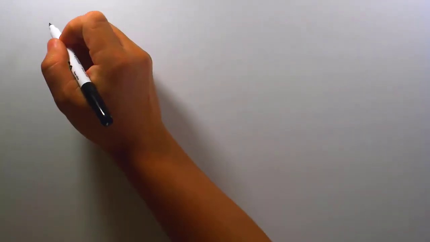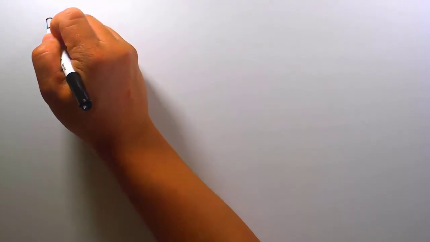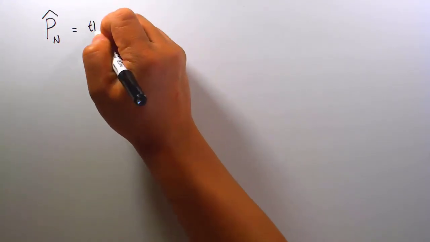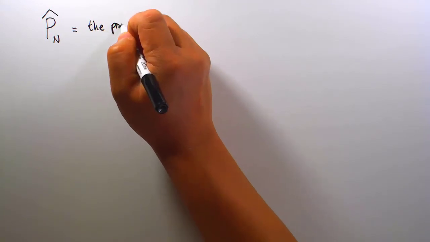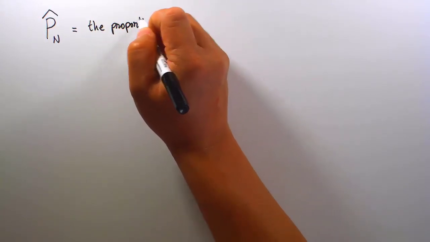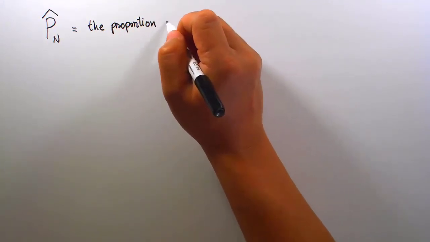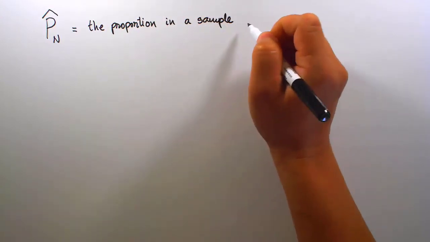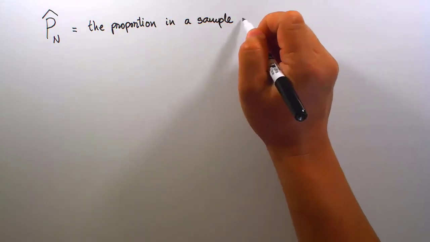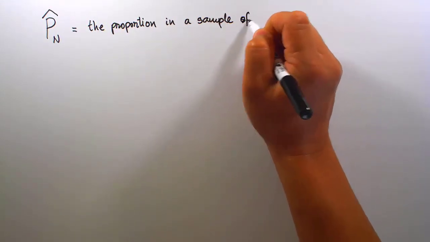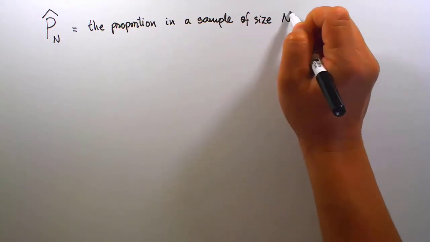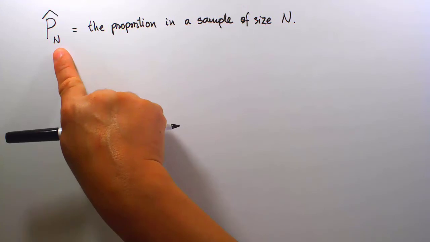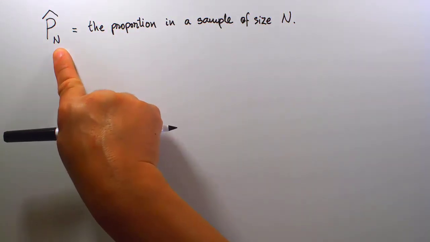So generally speaking, if we use a capital letter P hat with a subscript n to represent the proportion value in a sample of size n, then this, in other words, represents a population of lowercase p hat sample proportion values.